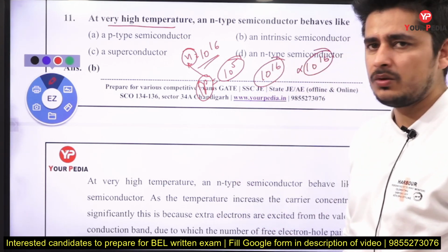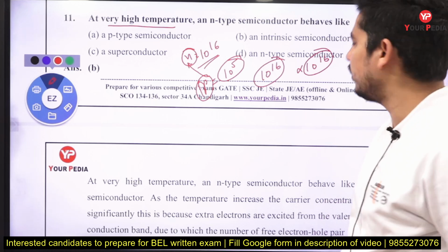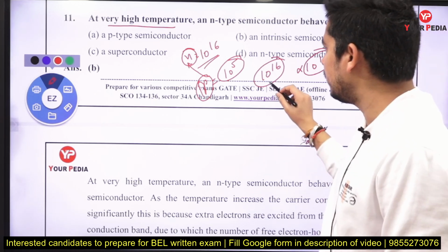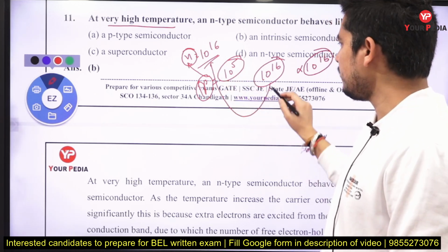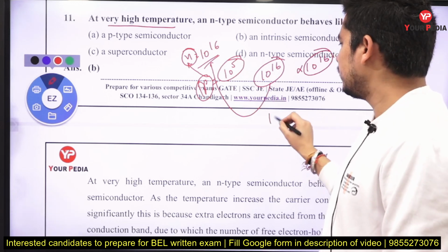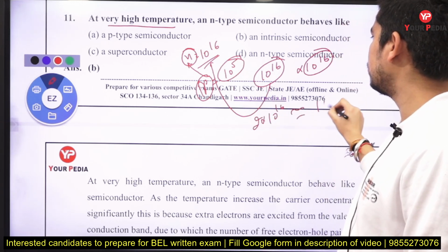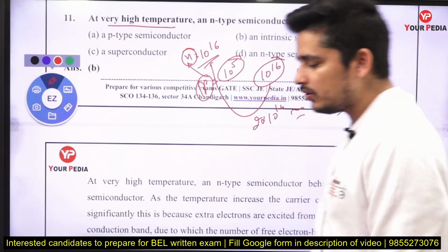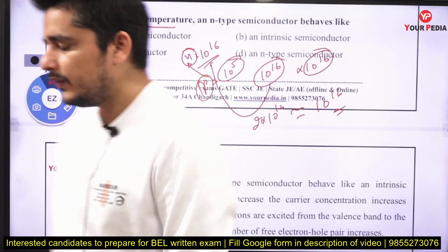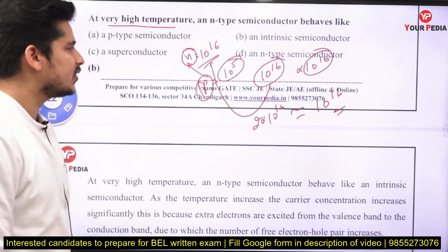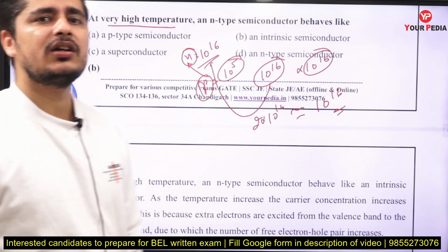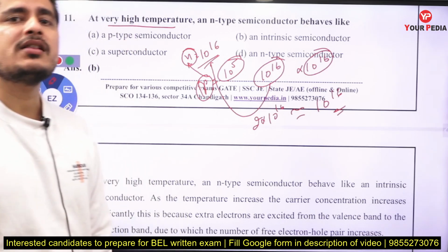The electrons will be added to these electrons, so it becomes 2 into 10 raised to power 16, which is almost equal to 10 raised to power 16, the hole concentration. So as you increase the temperature, your n-type semiconductor will behave as an intrinsic semiconductor.